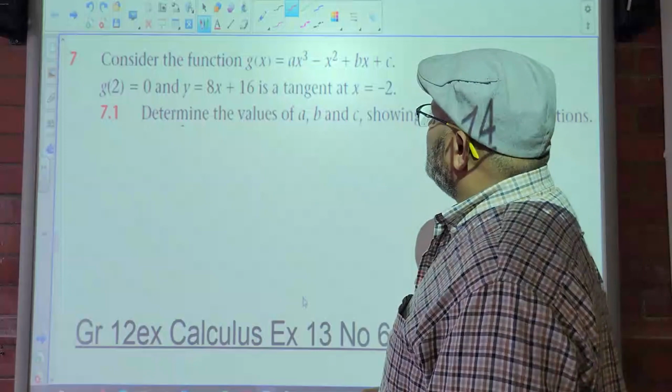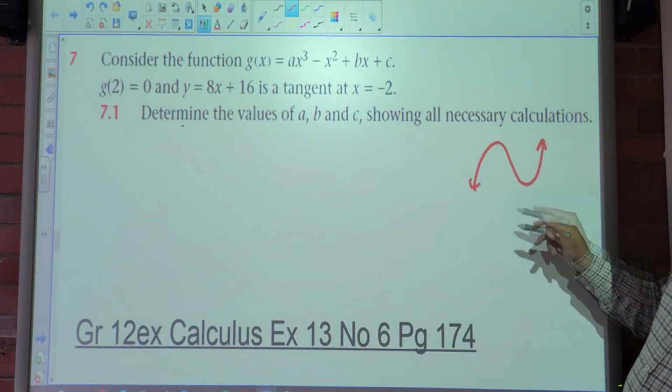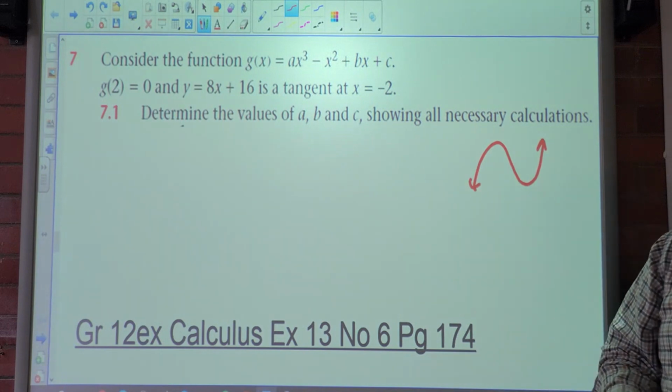So what I normally do is I draw this graph. Model of the graph. It could be this, I don't say it is. If a was negative, we will go the other way around.